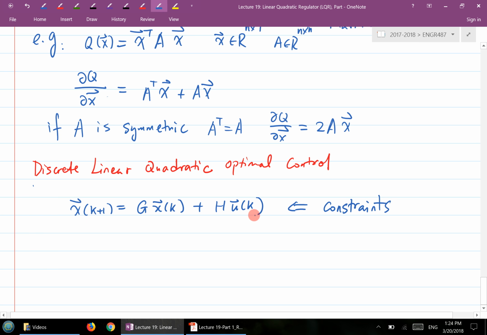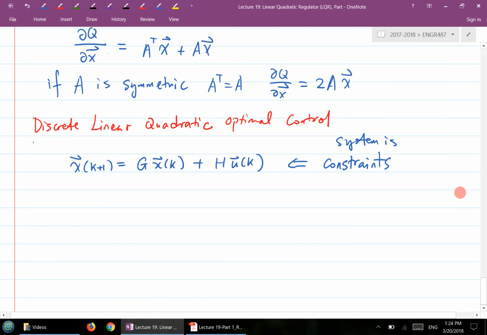So this system is going to be our constraint. It actually makes sense because your state vectors are not arbitrary values. They're constrained to this particular system, because you're using it to describe this system.